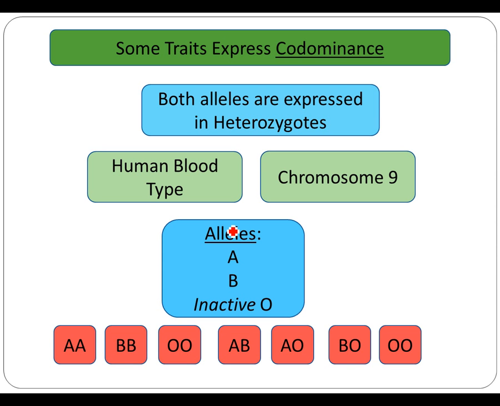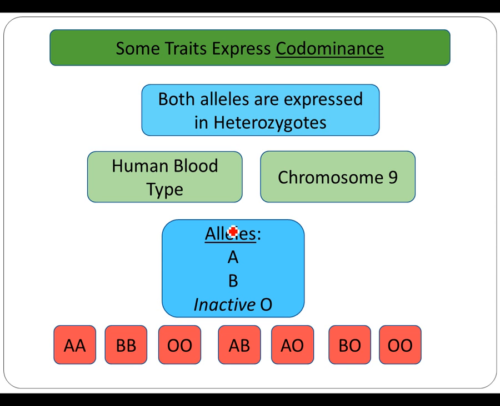The question is how we apply this in donating or receiving blood. Who could donate blood to anybody? Type O, because they don't have the protein. If you put that blood in someone who's A or B, there's nothing to recognize and attack.